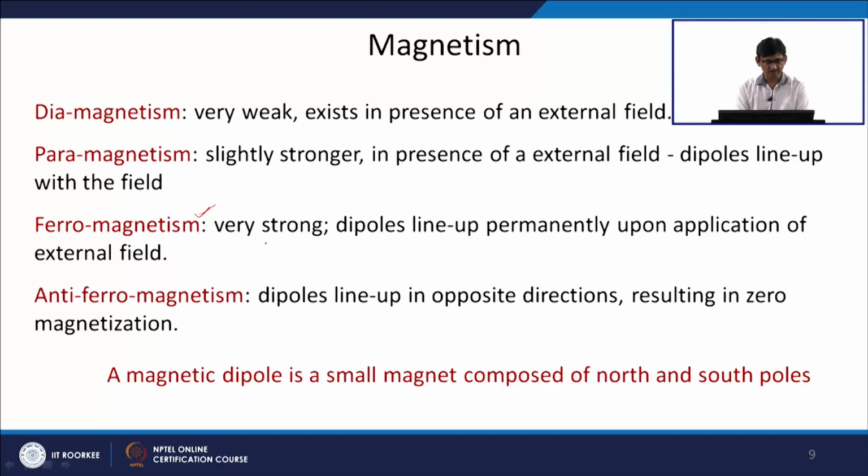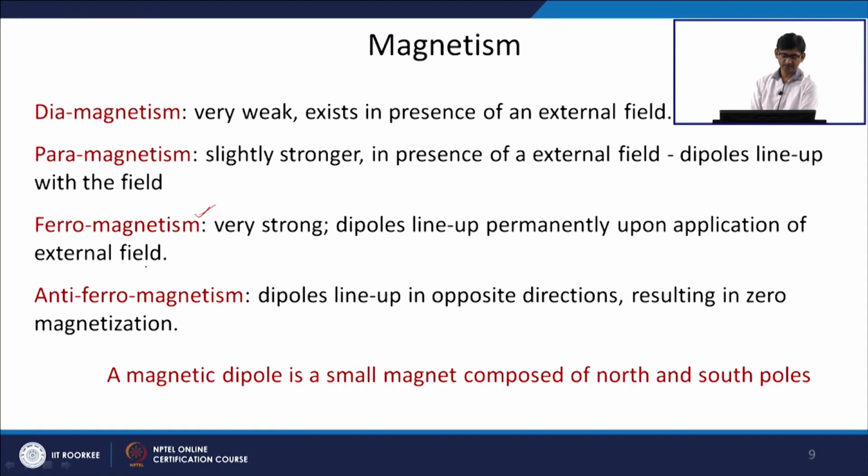So, all these magnets show ferromagnetism, which is very strong magnetism, because the dipoles line up permanently upon application of external field. So, when you apply the external field, they permanently show magnetism. So, ferromagnetism will always show magnetism once you have induced the magnetism in that particular material.